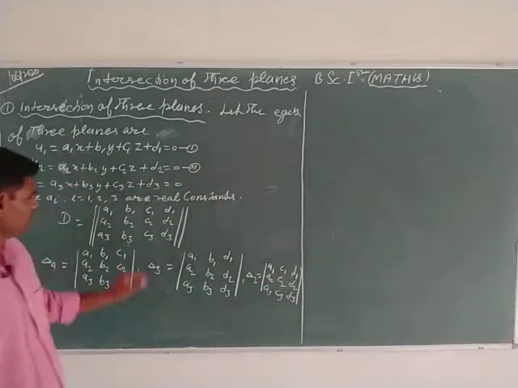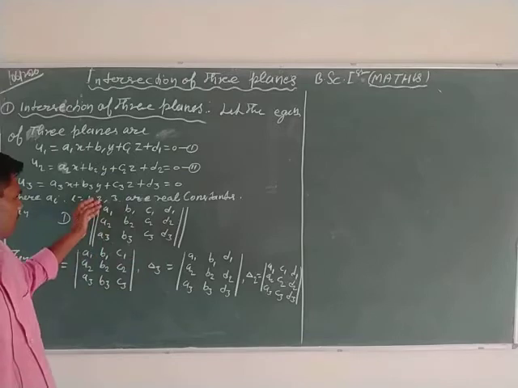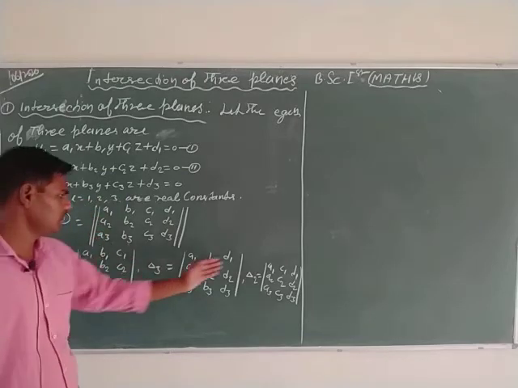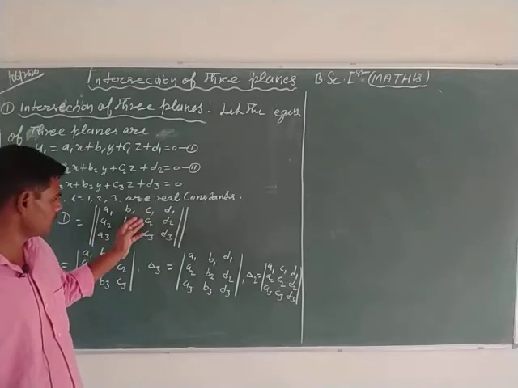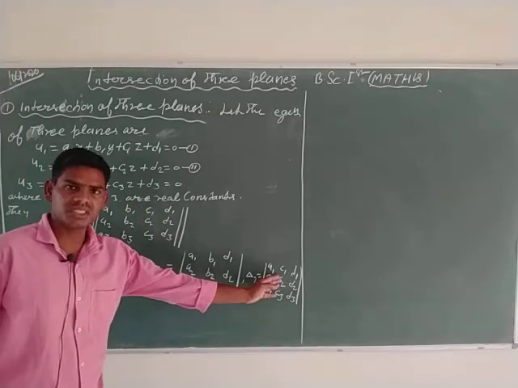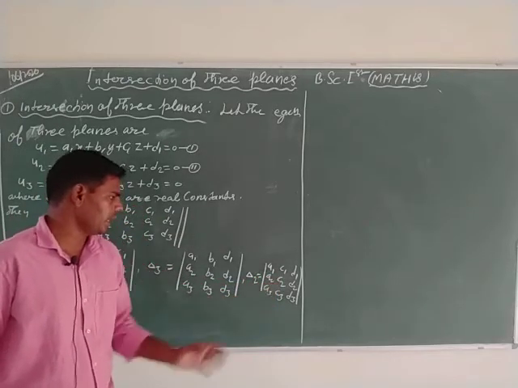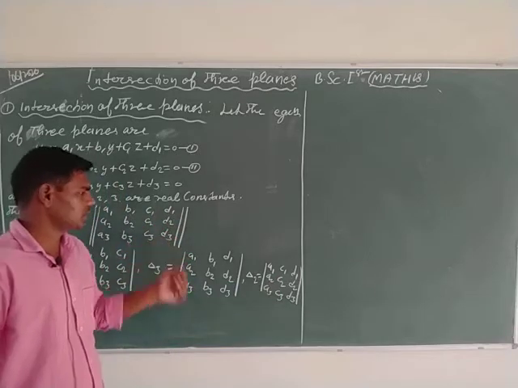Delta 2 means removing the second column. The first column is a1, a2, a3, the third column becomes the second, c1, c2, c3, and the last is d1, d2, d3.